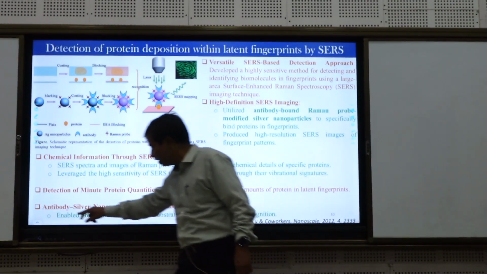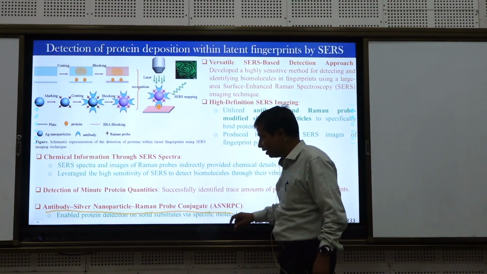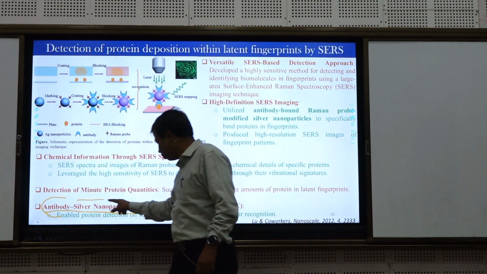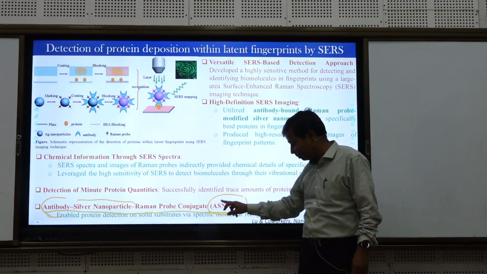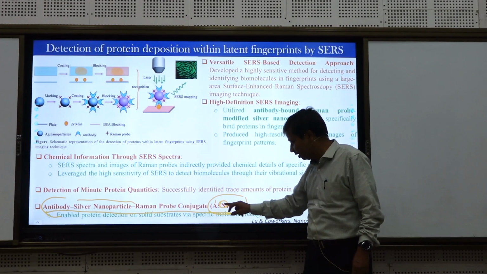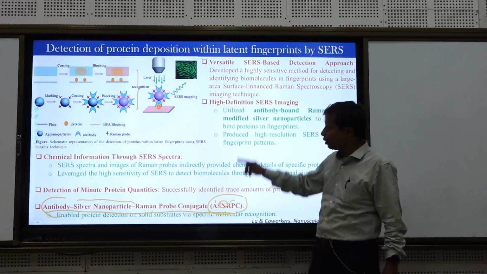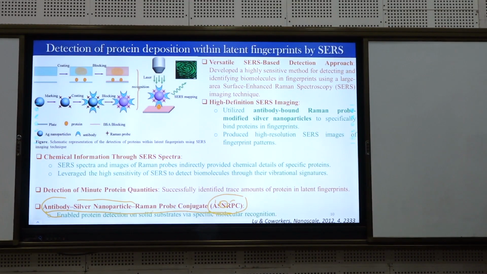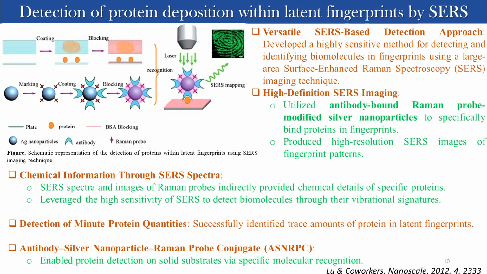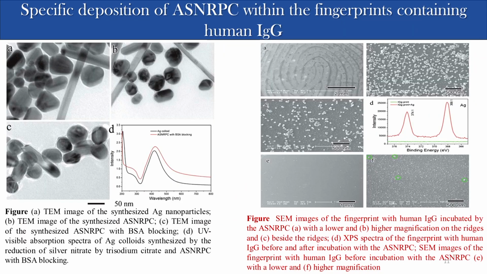This is what they have coined: antibody silver nanoparticle Raman probe conjugate, so ASNRPC. This is the technique they have used, and they have found that it allows them to find very minute quantities of protein. For that they have used one antibody, immunoglobulin G, which is very well known. Many people study this immunoglobulin G, and they have found a really interesting result.